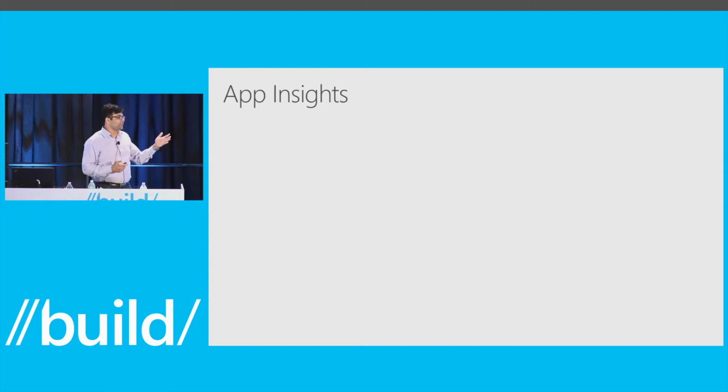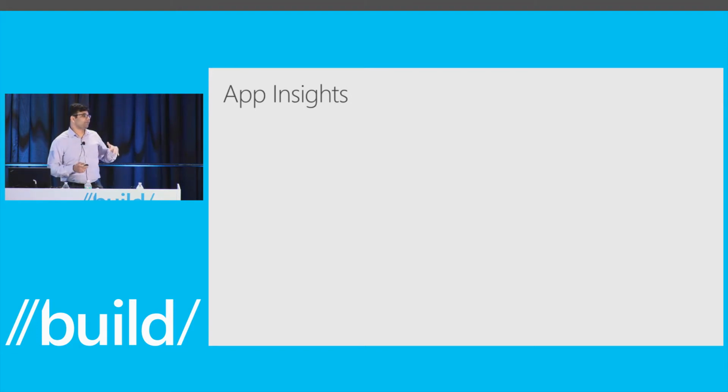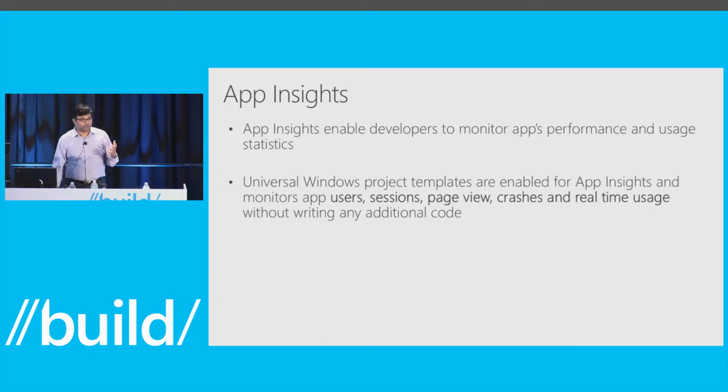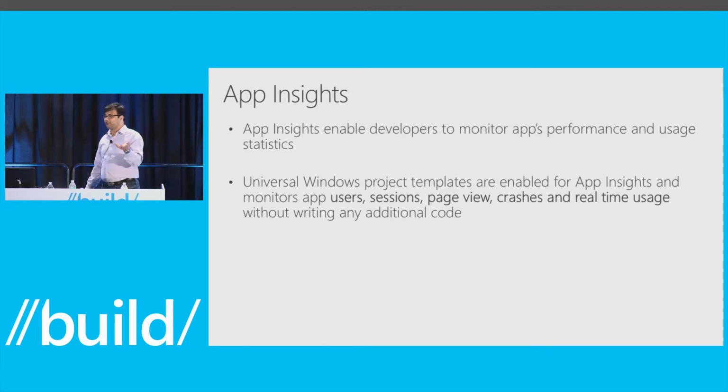There are different telemetry engines that exist right now, and for Universal Windows apps, we will be using App Insights. So every Universal Windows app will, by default, have an App Insights experience integrated as part of it, right? Without writing a single line of additional code, App Insights will tell you the number of users for your application, the number of sessions, and the count for the different views which are being used in your application.